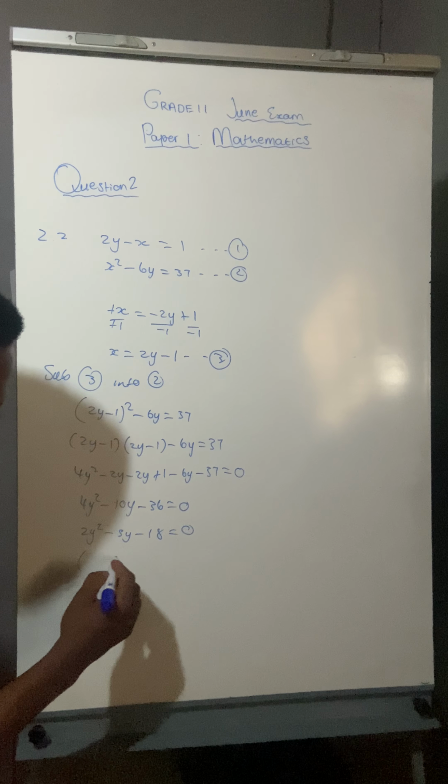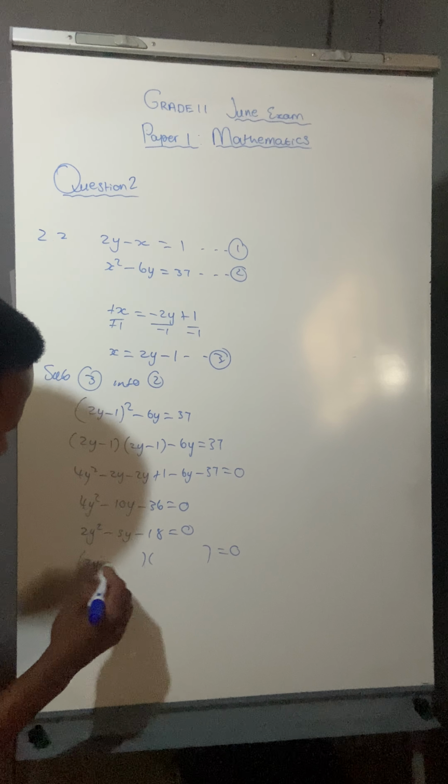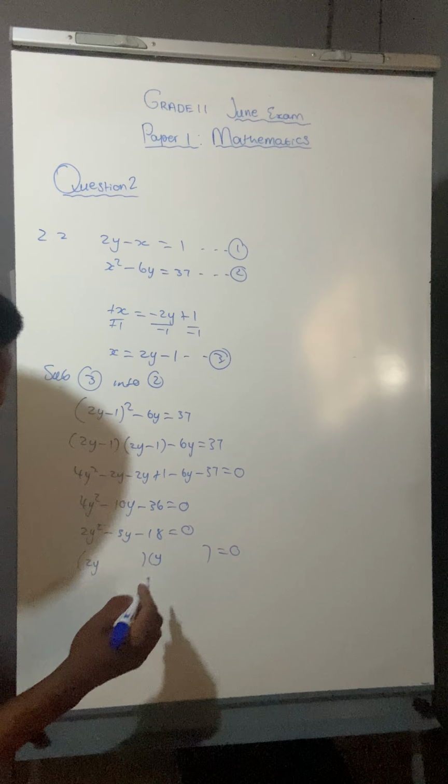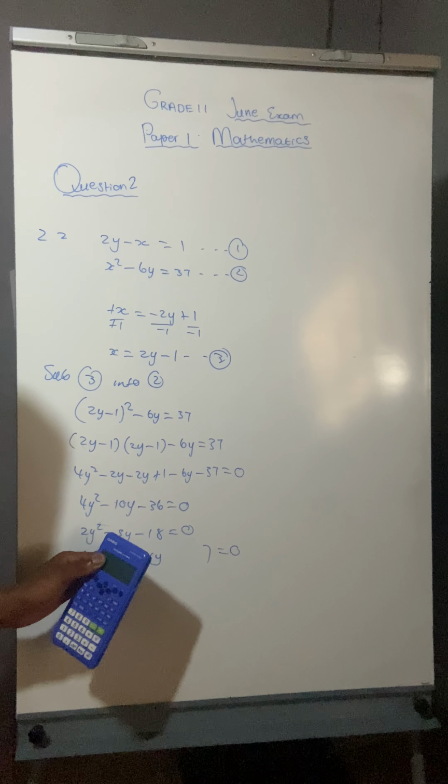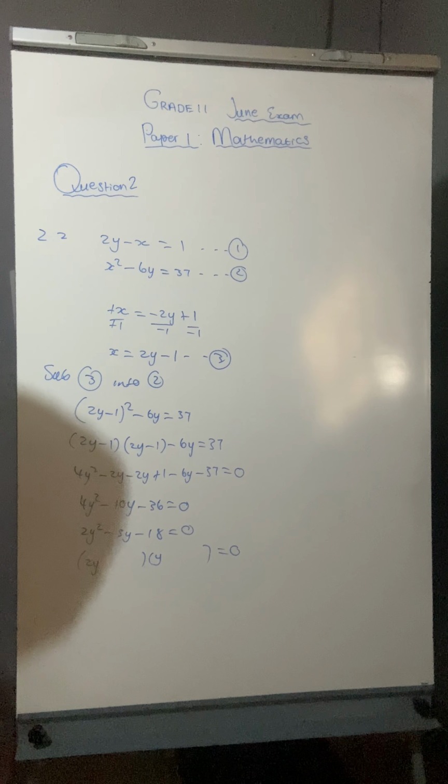Then from there you also open the two brackets. After opening the two brackets, it's 2y and y. So we are looking to get 18. Which numbers can give us 18?